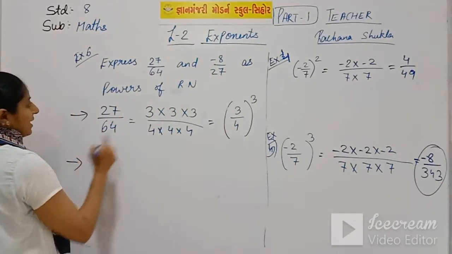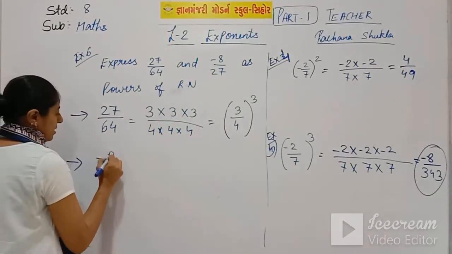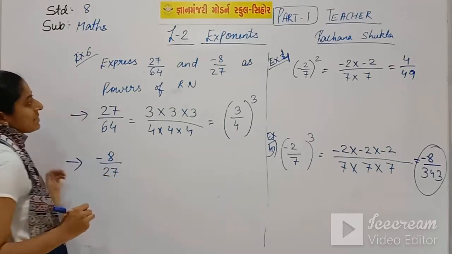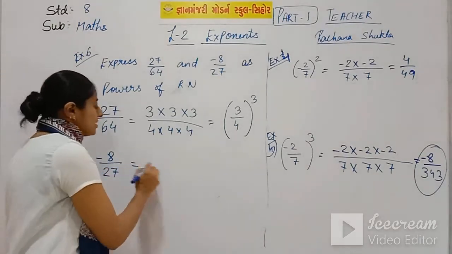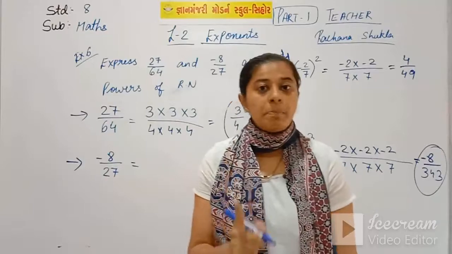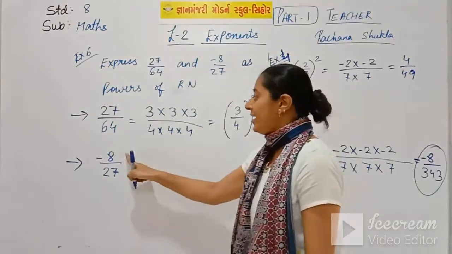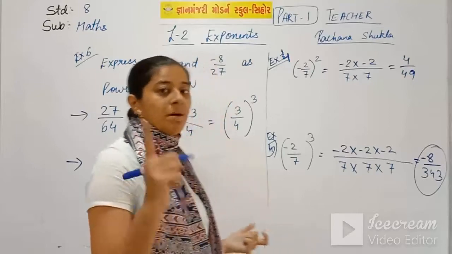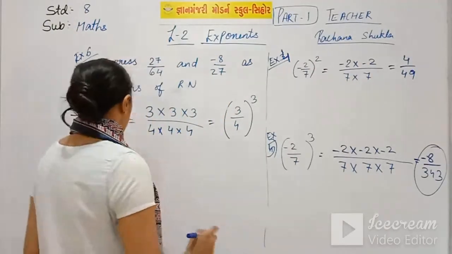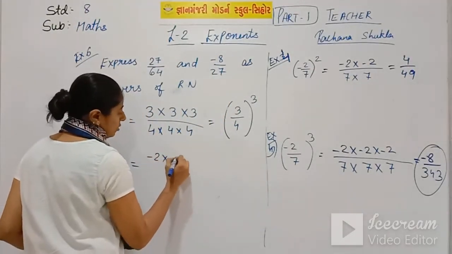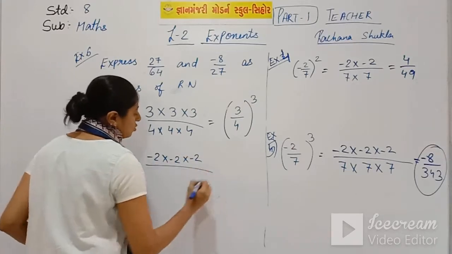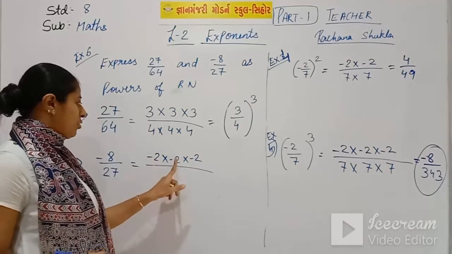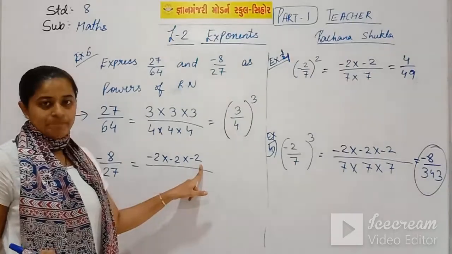Now, our second question. Minus 8 upon 27. 8 means 2 into 2 into 2 or 2 cube. But you have minus. So, minus 2 into minus 2 into minus 2. 2 2s are 4, 4 2s are 8.